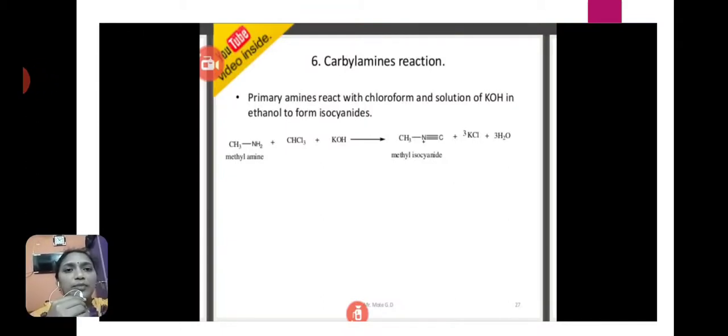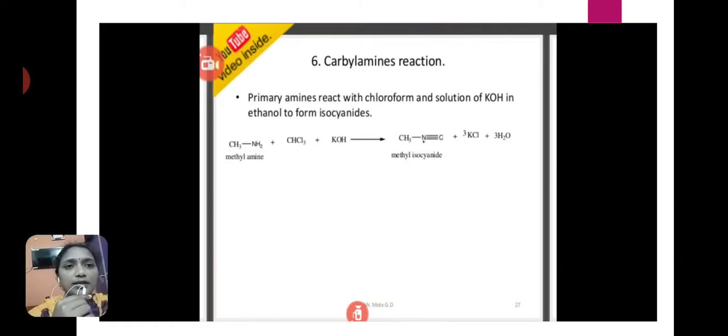Here the primary amine is CH3NH2, methylamine. Here chloroform is CHCl3, plus KOH. Methyl isocyanide is formed.